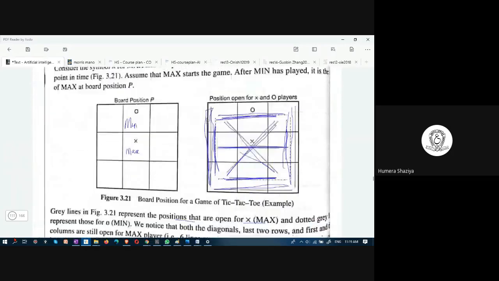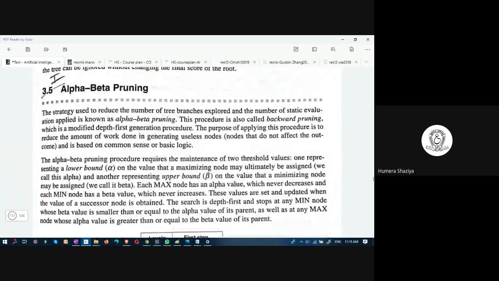Moving ahead to alpha beta pruning. This is a strategy which will remove, prune meaning removing, some of the nodes that would not lead to success. If some of them are pruned, then it becomes easy to evaluate, and in terms of memory, it would occupy less space.